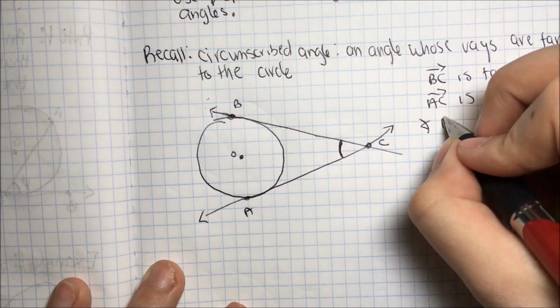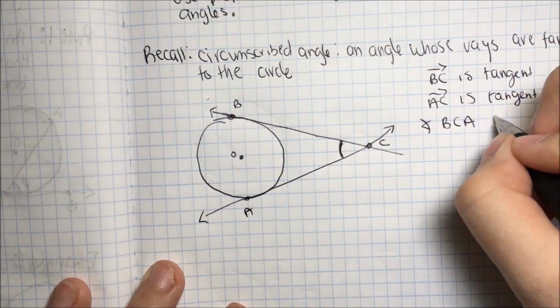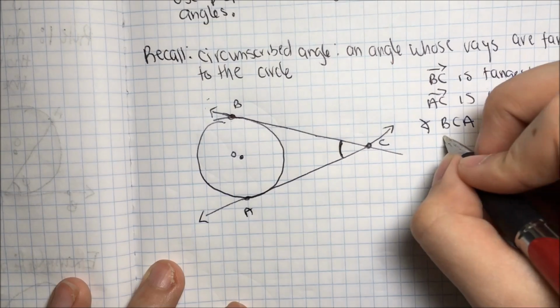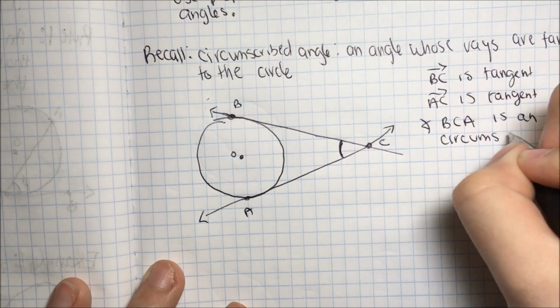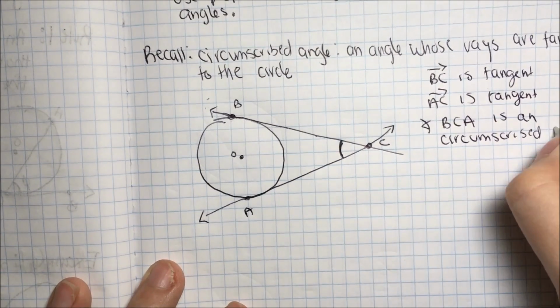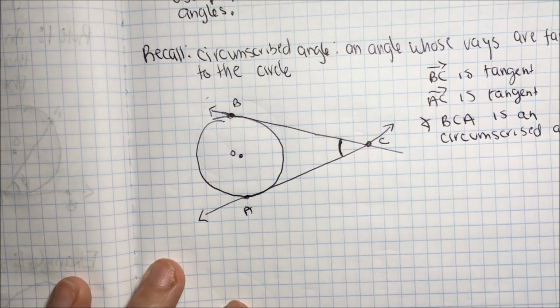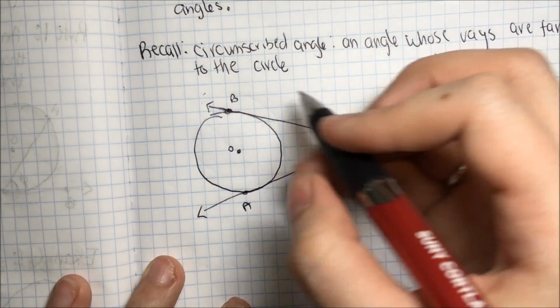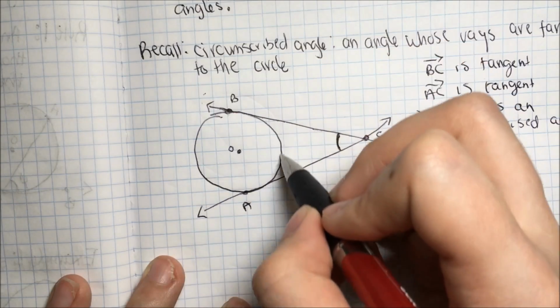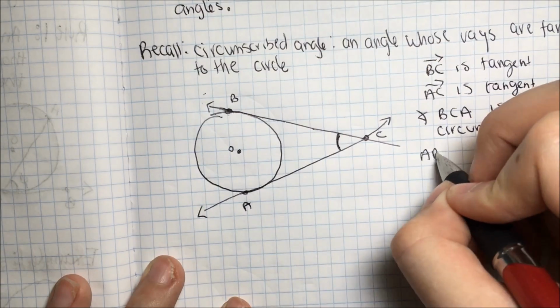So angle BCA is a circumscribed angle. And we have here that arc AB would be that intercepted arc.